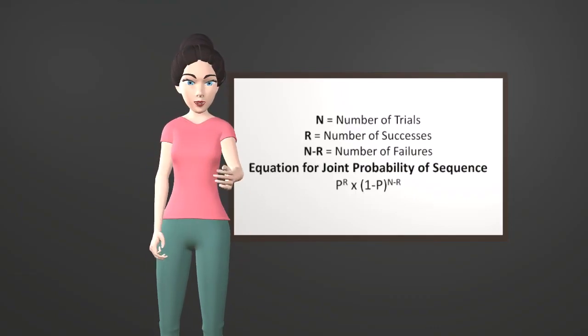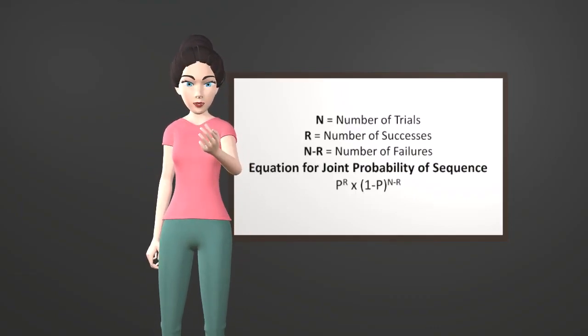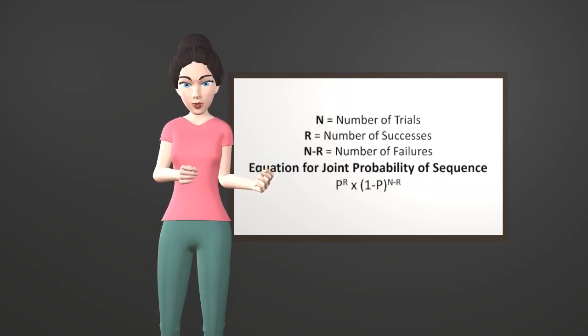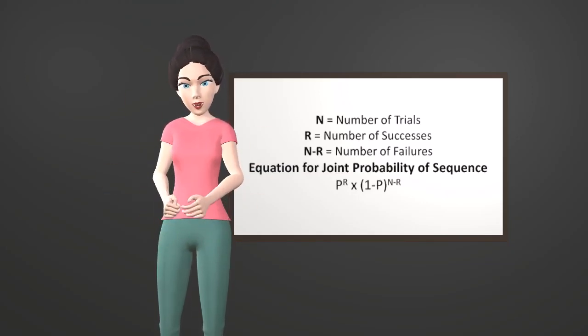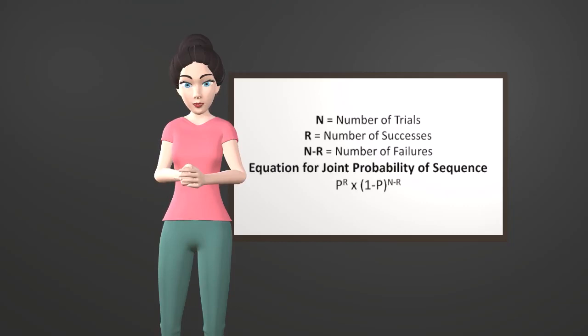We multiply the probability of success, P, by itself R times, then we multiply the probability of failure, 1 minus P, by itself N minus R times, and we finally multiply those two numbers together. This is called the joint probability of a sequence. Now you know how to compute the joint probability of a sequence of successes and failures.